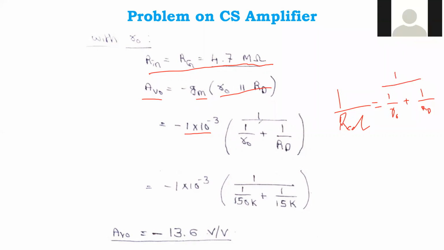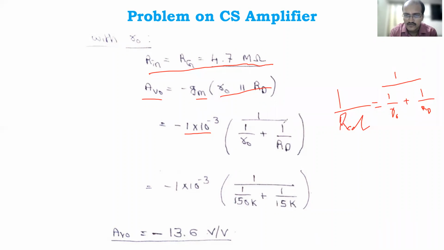Later I will show three resistances in parallel, and you may not understand in that case, so I show it here first. Even if you take the LCM and write it, you will get R0 into RD by R0 plus RD. Any formula you can use, whichever is convenient.